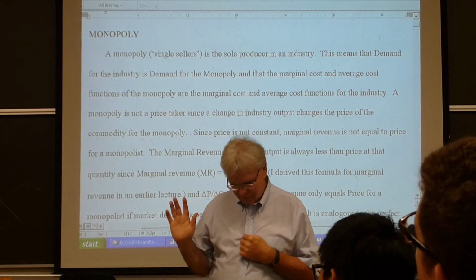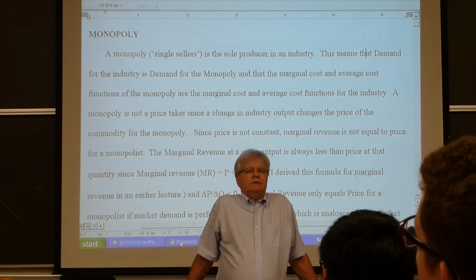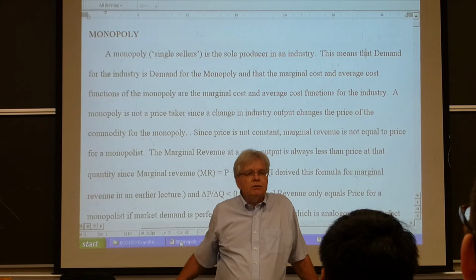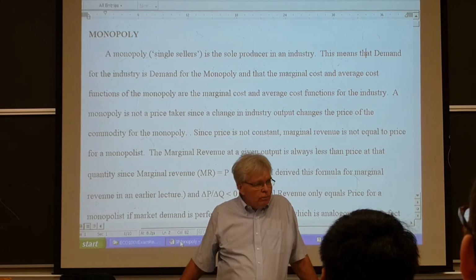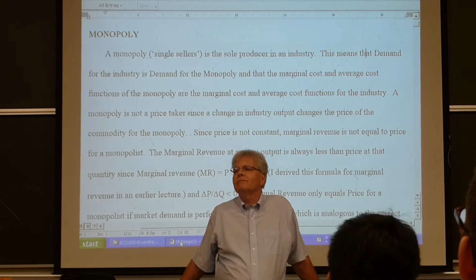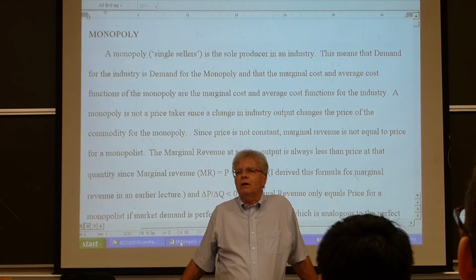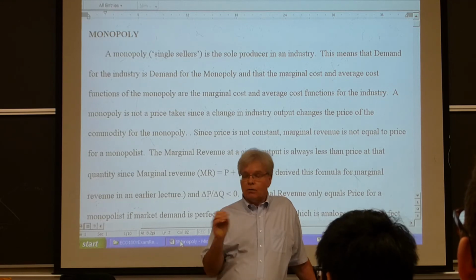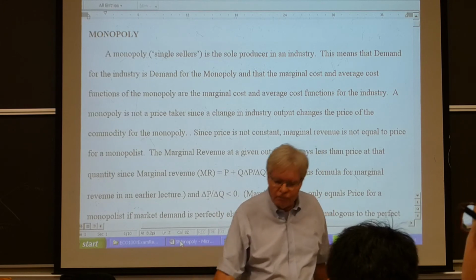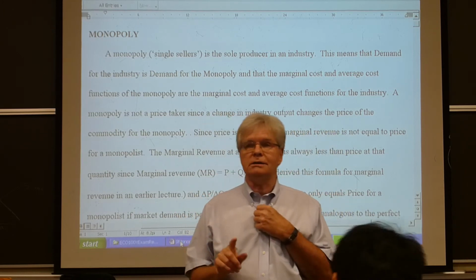All right, now then, our next step is this. We need to find out what is the profit maximizing formula for monopoly. And it turns out everybody in this room knows the profit maximizing formula for the monopoly. What is that? Marginal revenue equals marginal cost. And that, of course, is the same profit maximizing formula for a competitive firm, but for a competitive firm, marginal revenue is constant.